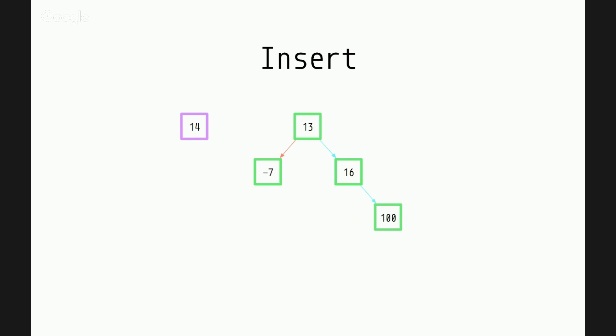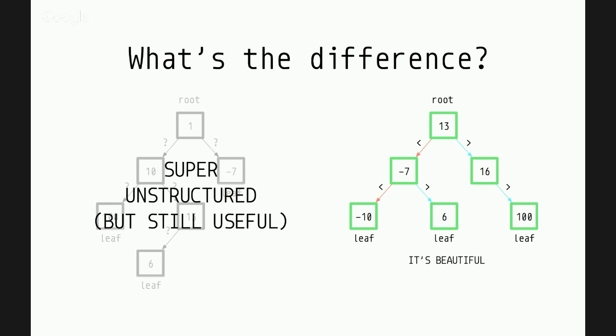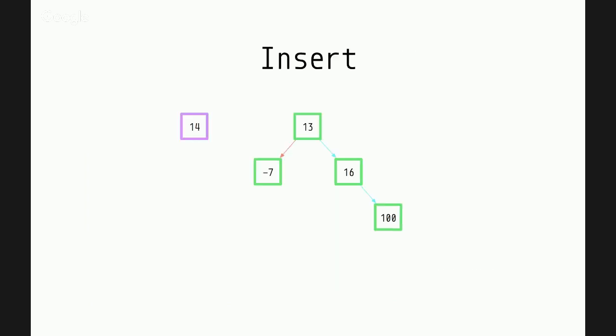Just like the rest of the data structures that we've looked at, we have a few operations that we can perform on this thing. The first one is insert. If you remember, we have to keep that invariant that the left child of a node is less than the node itself, and the right child of it is greater than it, or greater than or equal to, I'll say.